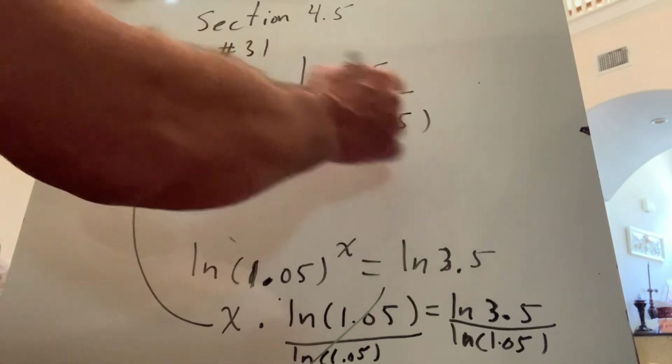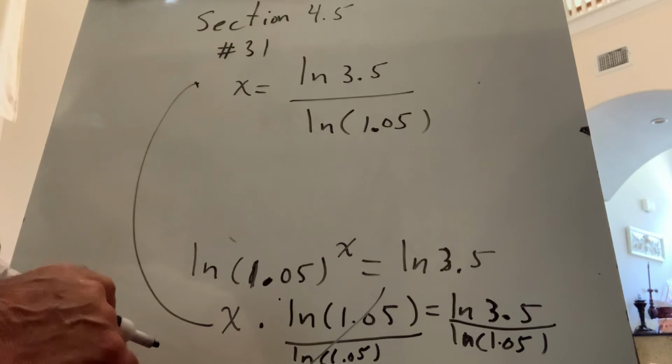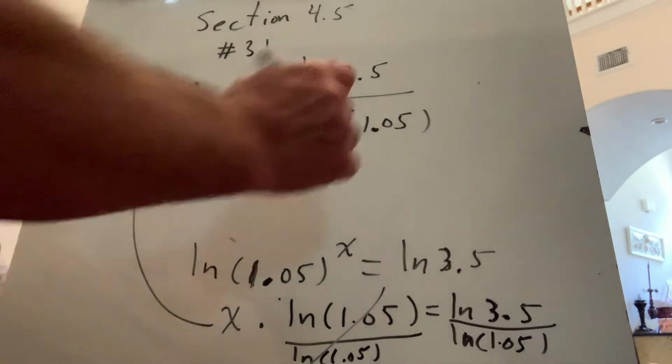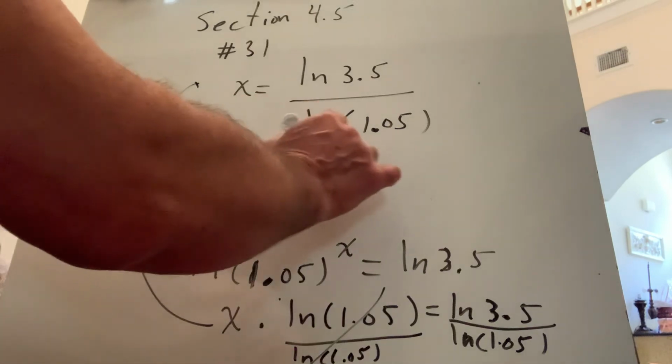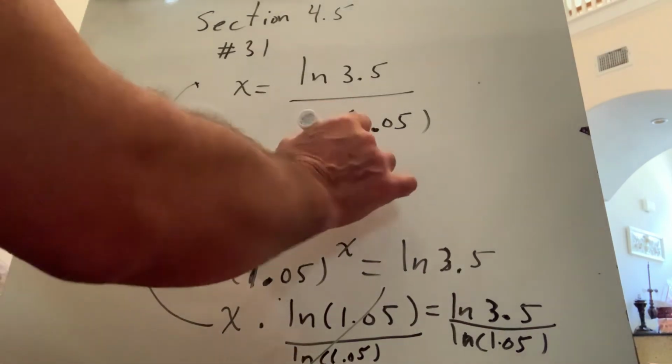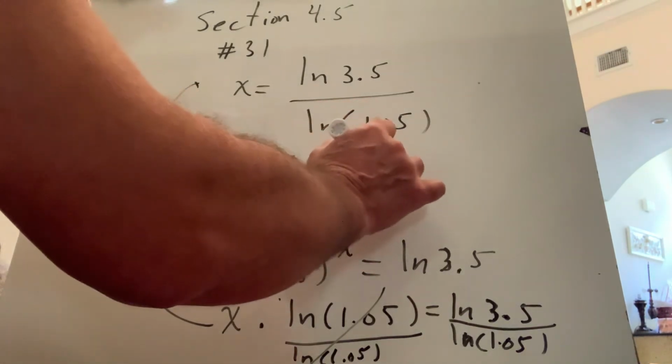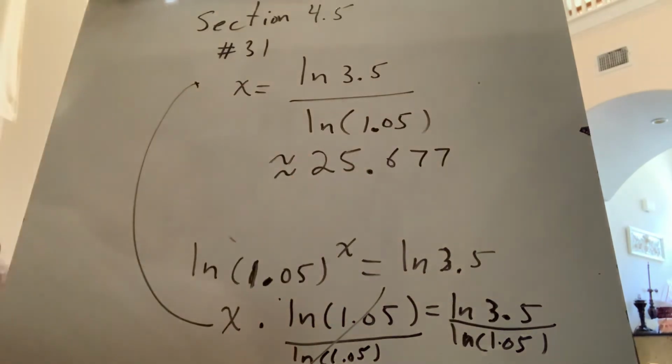Again, don't forget you do have a natural log button on your calculator. If you plug that in, your x is approximately 25.677. So to 3 decimal places, your solution would be 25.677.